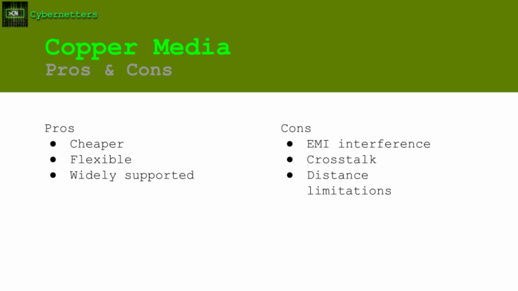Some cons are EMI interference from other nearby devices or equipment, crosstalk, especially in UTP cables, and distance limitations. Basically, anything beyond 100 meters requires fiber optic cables.